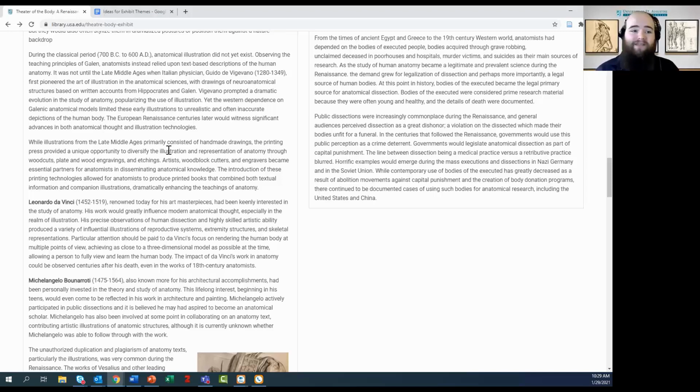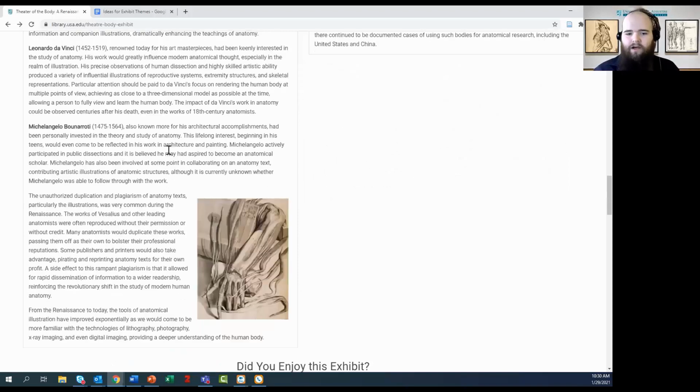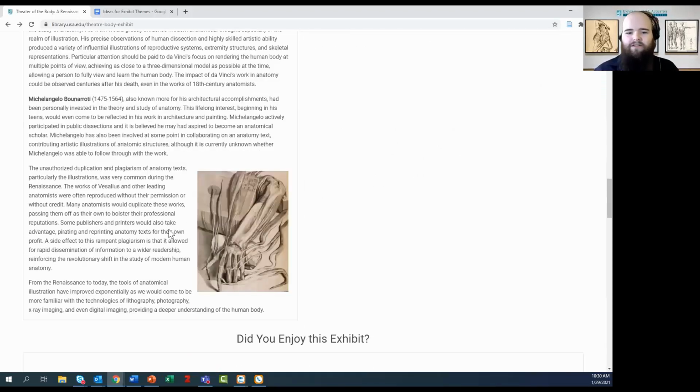It began with handmade drawings, but usually those were just based on the works of ancient Greek scientists, and it wasn't until about the Renaissance that more revolutionary anatomical illustrations were happening, particularly with the introduction of printmaking technologies that really helped, especially with engravings and other types of works. So, connecting the dots to more modern technologies like photography, X-ray imaging, and the digital imaging that we're seeing now.